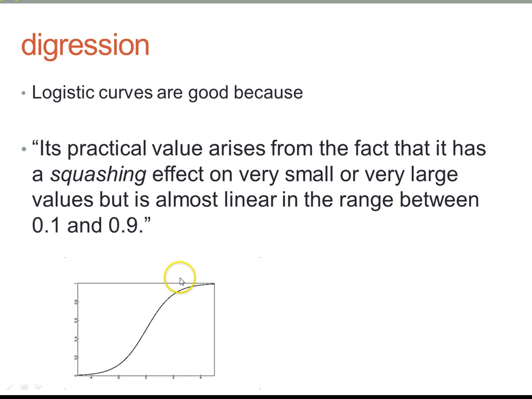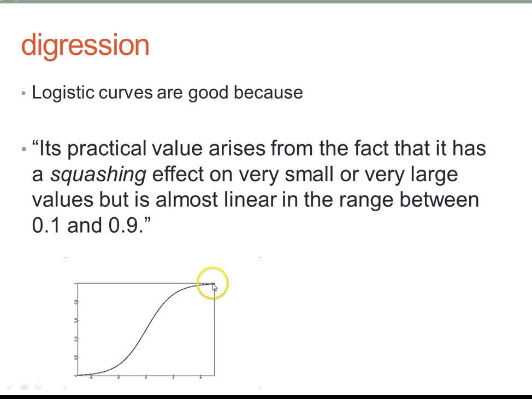What does that mean? First of all, what do they mean by a squashing effect? They mean if you get really large values for x, what's it going to be? Let's say the maximum value here is 1.